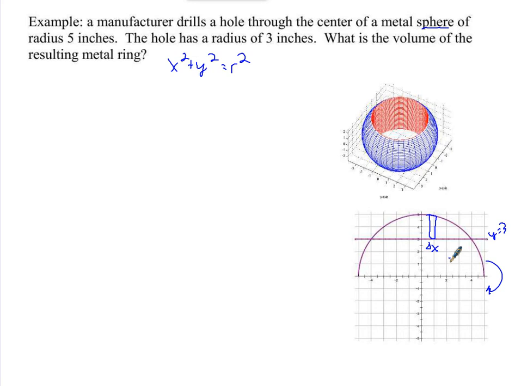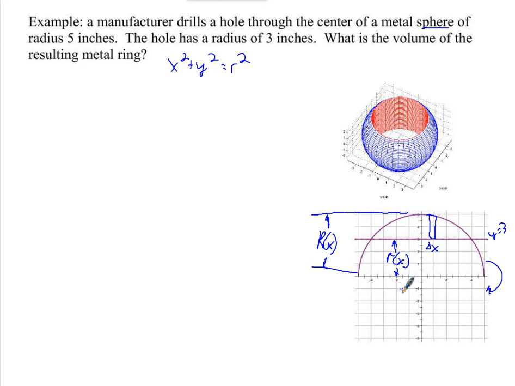It needs to be in terms of x. So I'm going to have an outer radius, and I'm going to have an inner radius. Inner radius is easy. It's the outer radius that's going to be tricky.